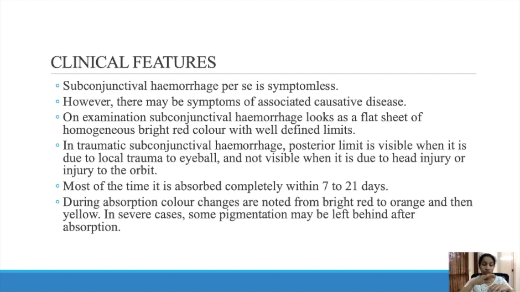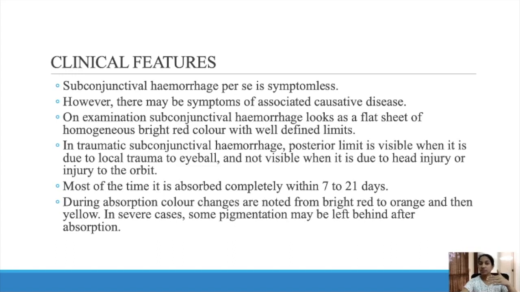But during absorption, that bright red will first change into orange and then into yellow, and it will get absorbed completely. In severe cases, some pigmentation may be left behind after absorption. If it is a severe case, then a little discoloration will be there in that area, but nothing to worry.